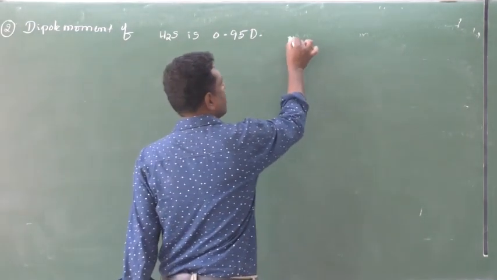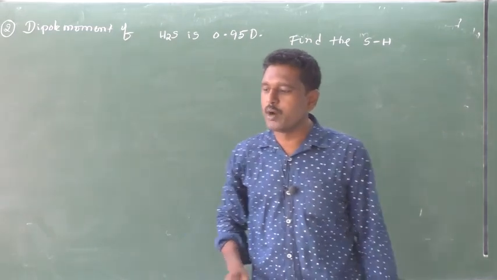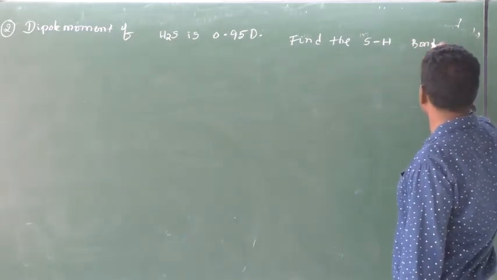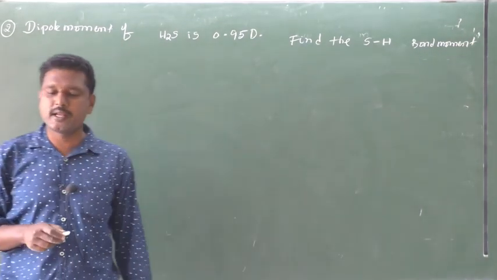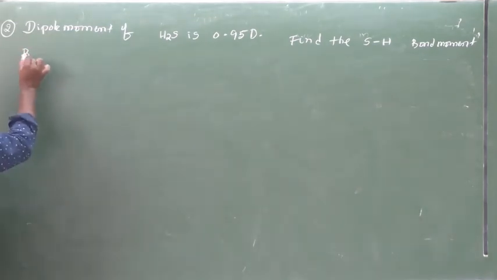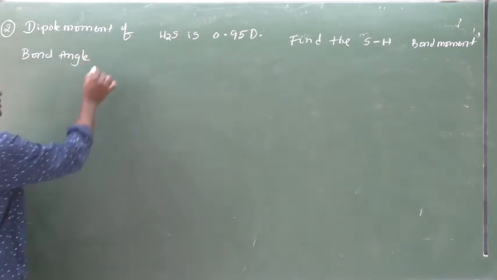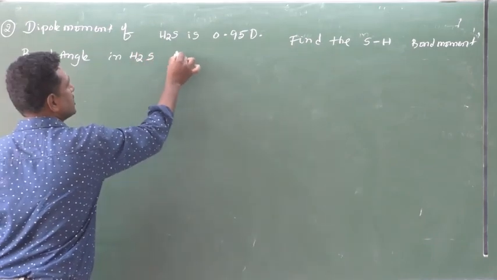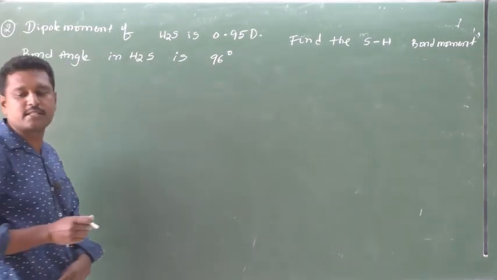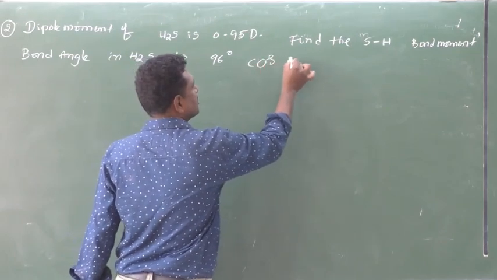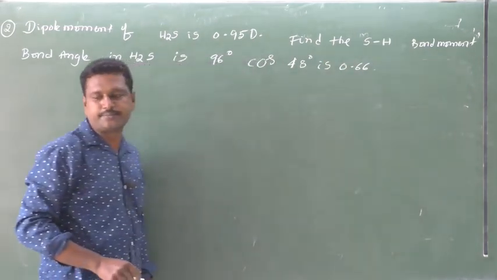The bond angle in H2S is 96 degrees, and cos 48 degrees is 0.66. This is the given data.